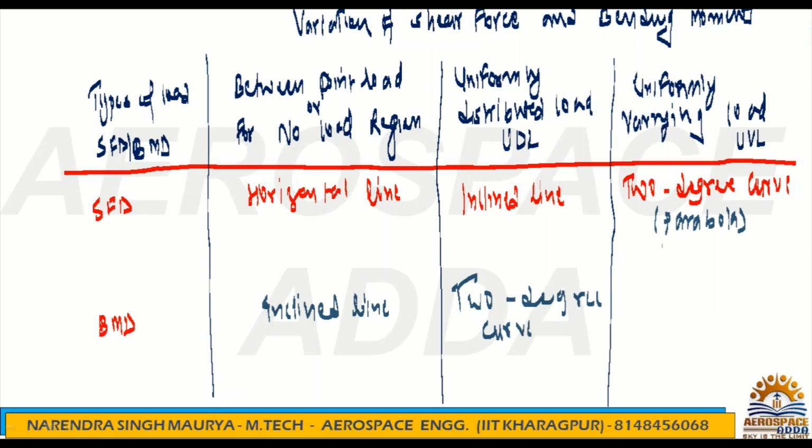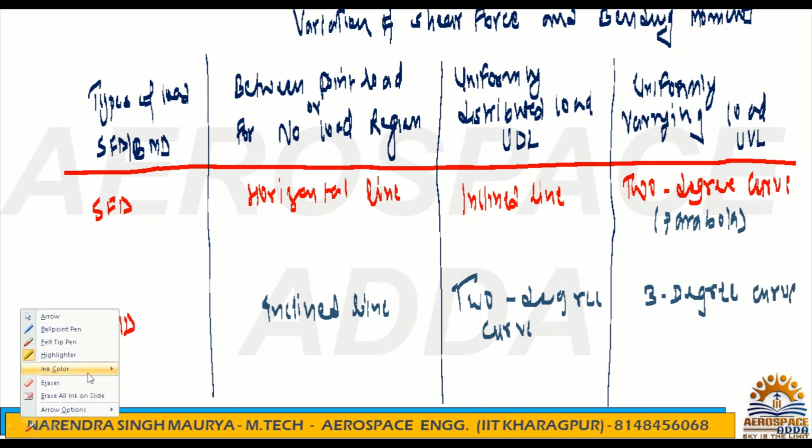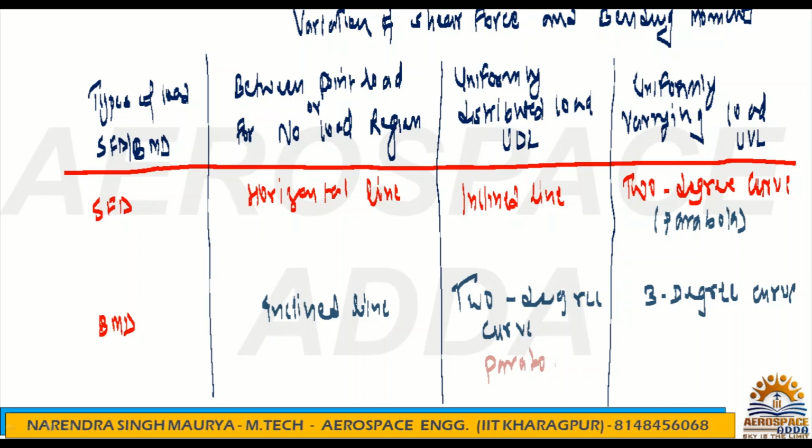If it is uniformly varying load, then 3 degree. If I say 2 degree curve, that itself means parabola.